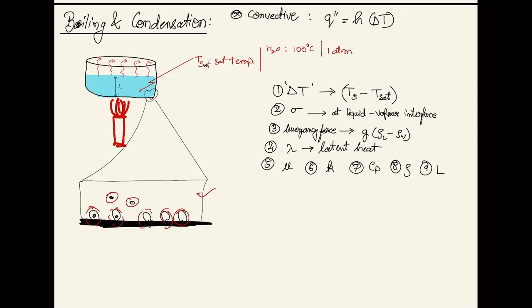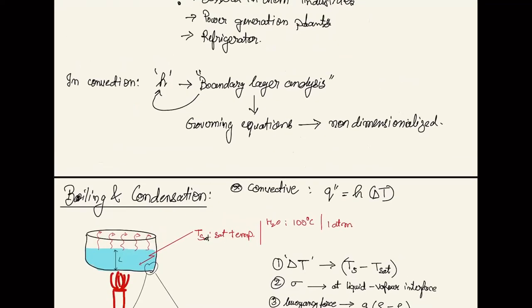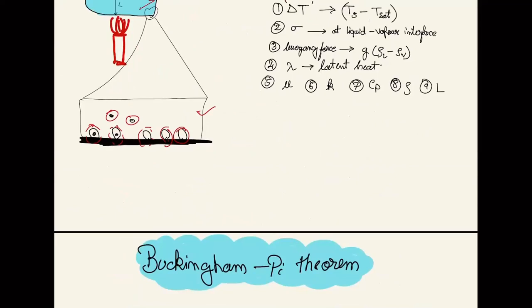And now are you clear with the fact that why we cannot use governing equations to start? I mean, why we cannot go with the way of solving things, take the governing equation, non-dimensionalize and go ahead, because of so many states coming into the picture. Okay, Rutuja raised hand. Kaushik, okay.